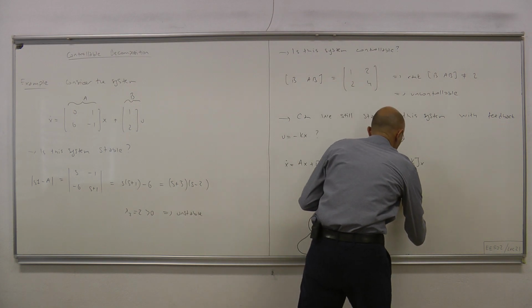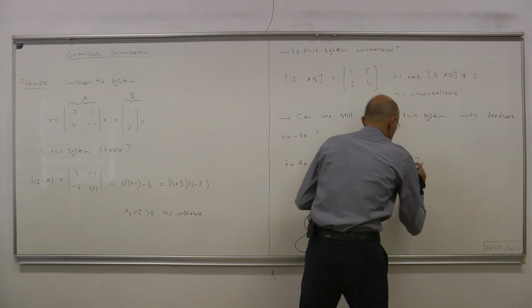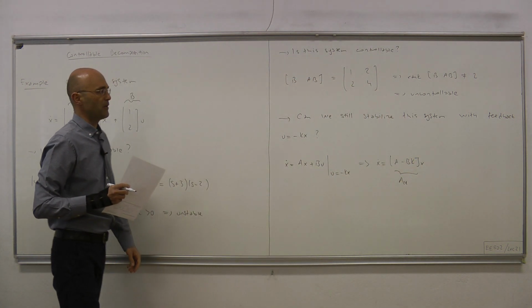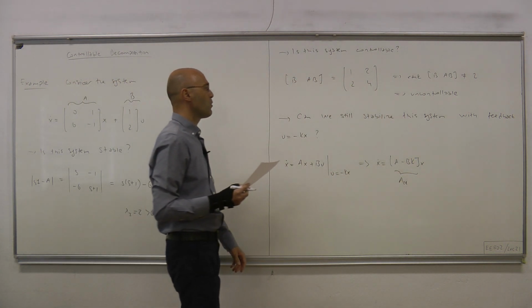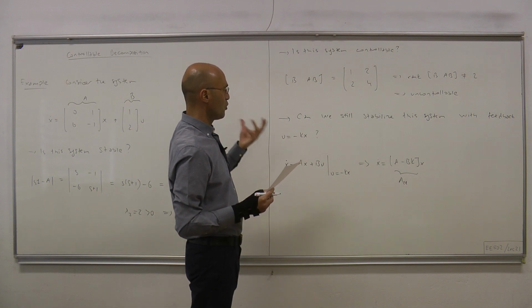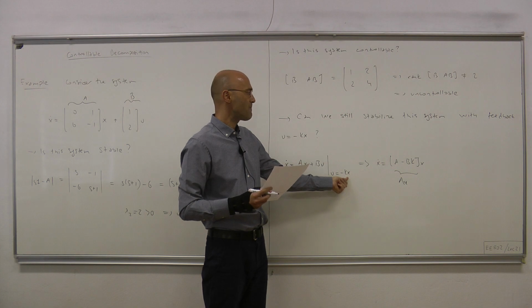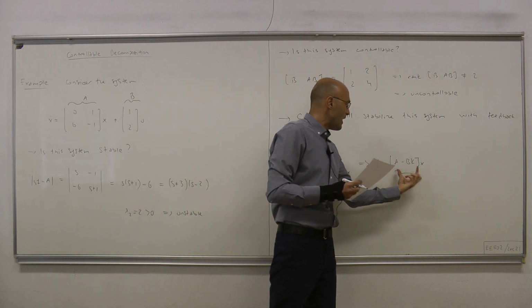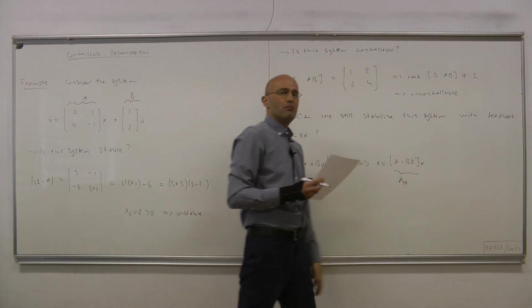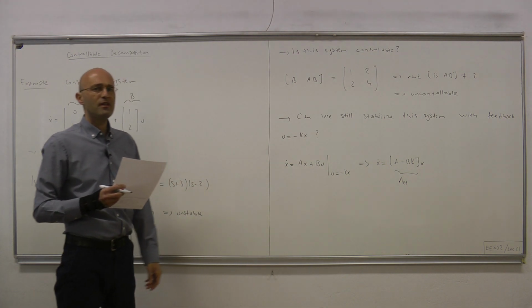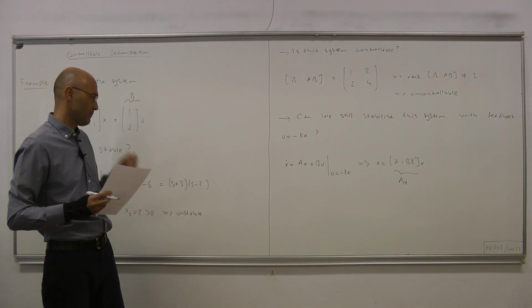This is our closed loop system matrix. What we want is to determine whether, by choosing some proper feedback law K, we can make the eigenvalues of this closed loop system matrix A minus BK all have negative real parts.